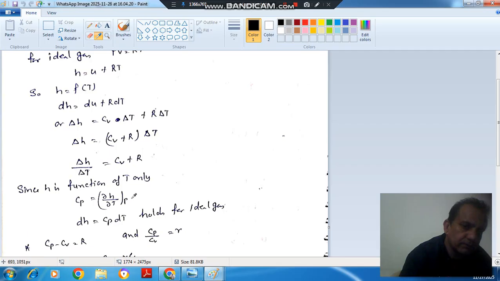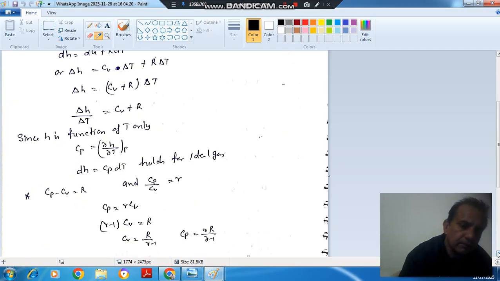This is valid for an ideal gas, then Cp minus Cv is equal to R, and Cp by Cv is gamma. From these two we get Cv is equal to R by (gamma minus 1) and Cp is equal to gamma R by (gamma minus 1).